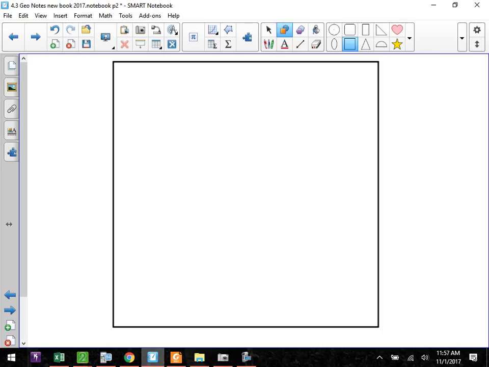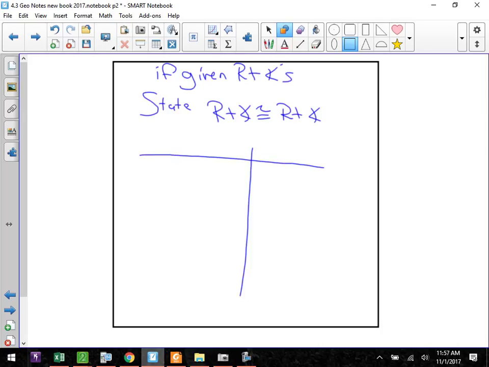Let's make another quick square, and we'll say if given right angles. Well, it's super straightforward. If you're given right angles, then you just go ahead and say right angle congruent to right angle. So we'll state our example.